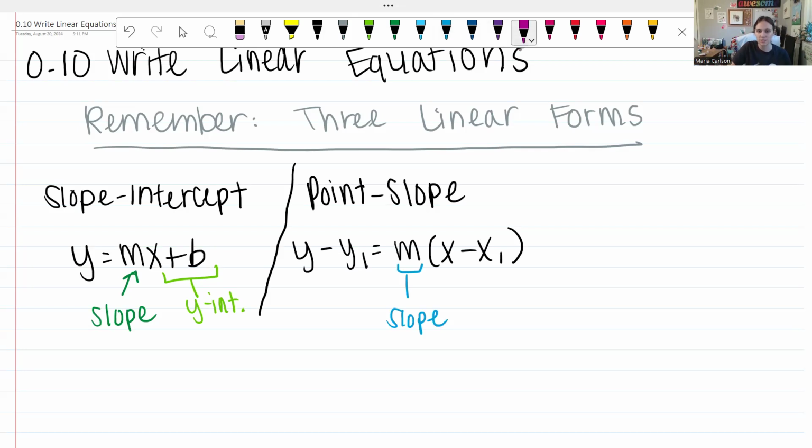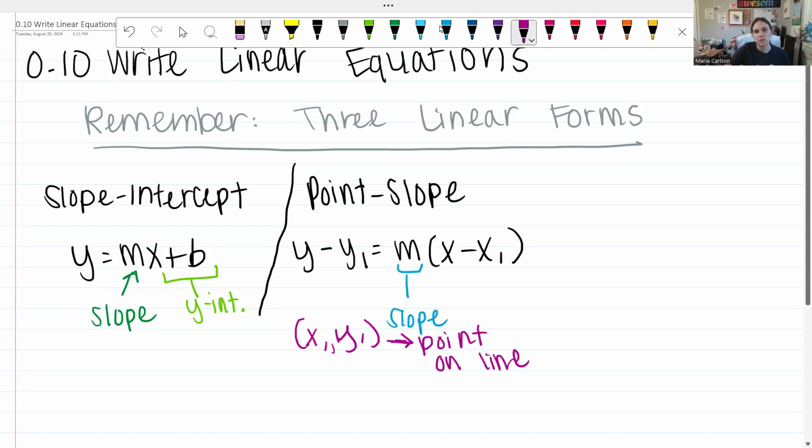We are given x1, y1, which is a point on the line.